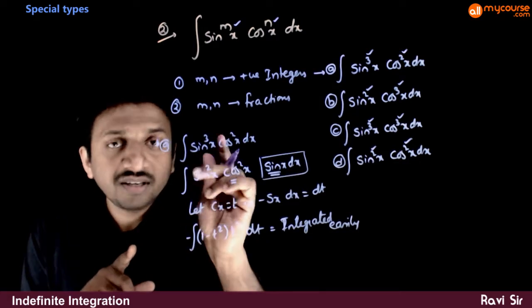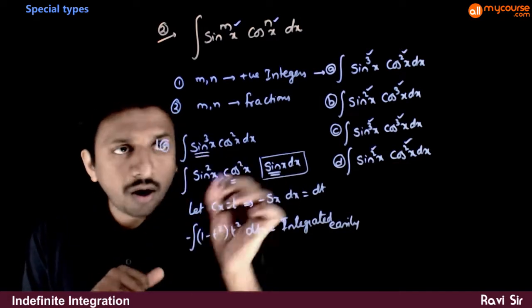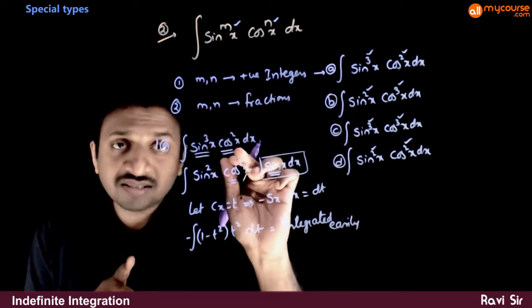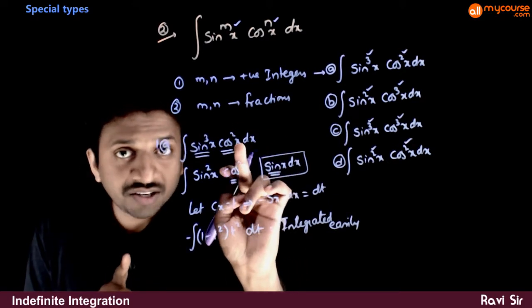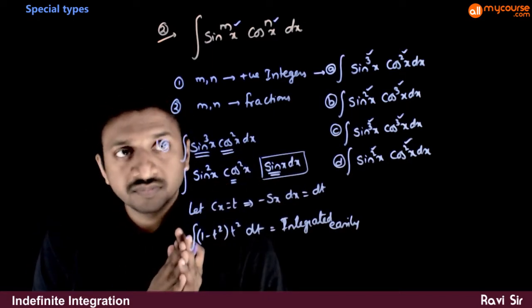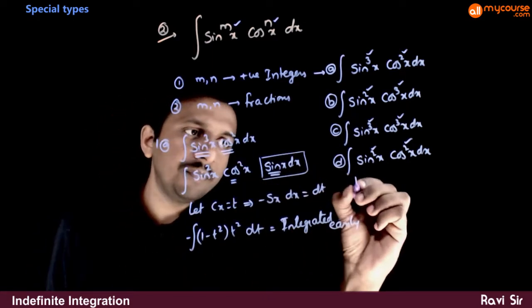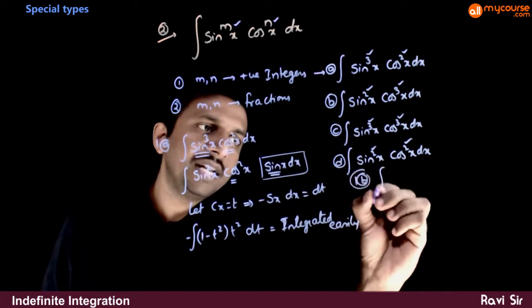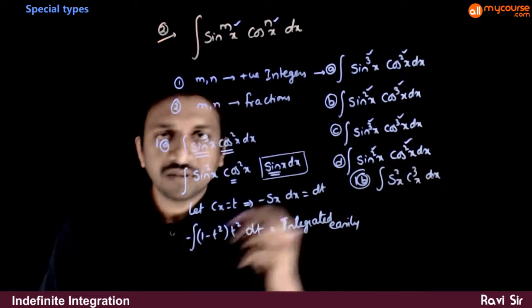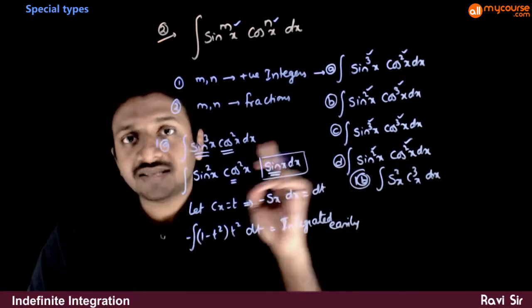If the power of sin is odd and the power of cos is even, whatever is the trigonometric ratio with even power, that has to be taken as t. Similarly, if you have 1B, integration of sin square x cos cube x dx, here we assume sin x as t.